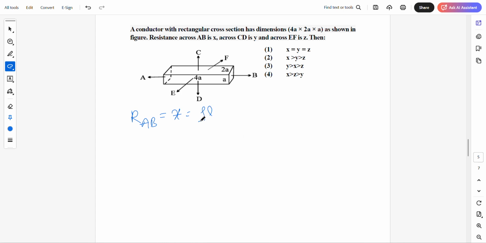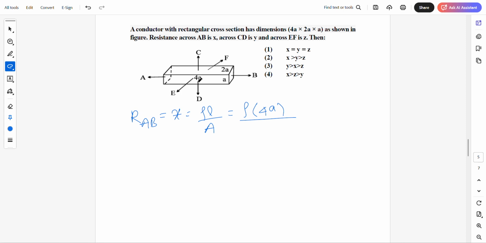Rho L by A. Rho will be as it is. How much is the length? This horizontal length, how much they have given? This they have given as 4A, right? They have given 4A. Okay, what is the area?